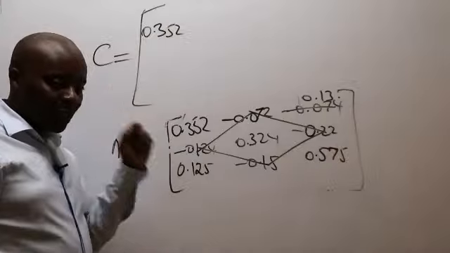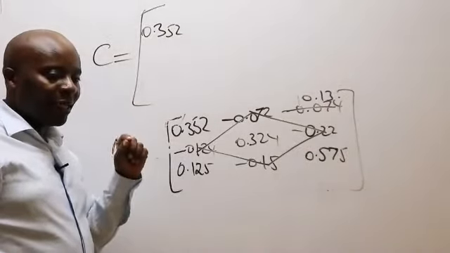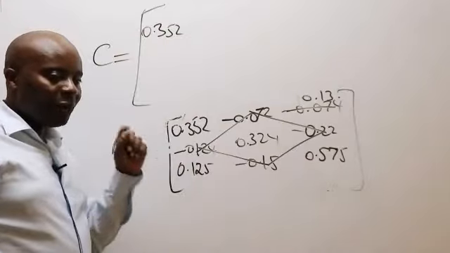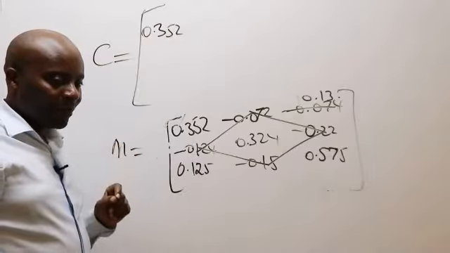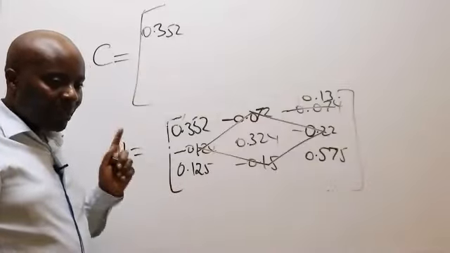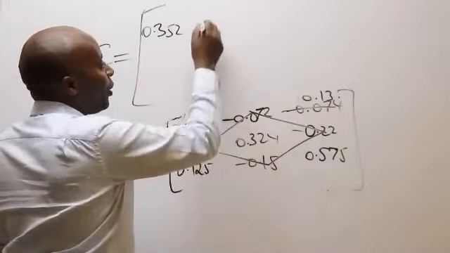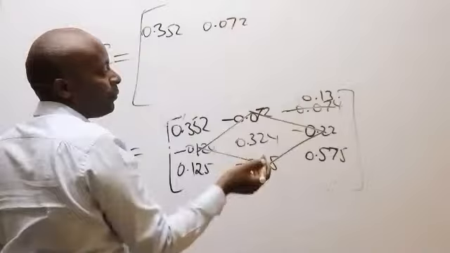The only difference is that any figure that has been touched by the corner of the diamond must have its sign changing. So like now, this was initially negative. Now it becomes what here? Positive, like that.